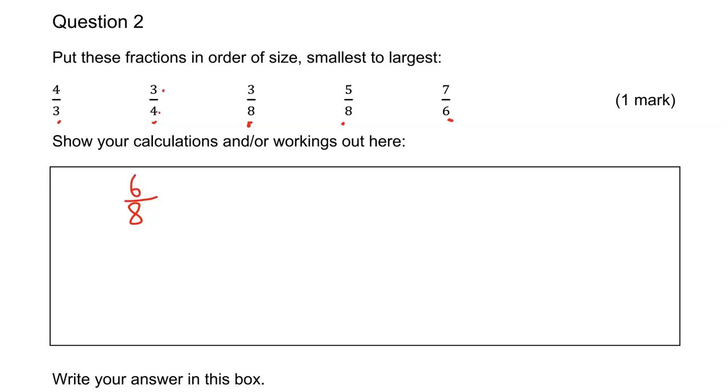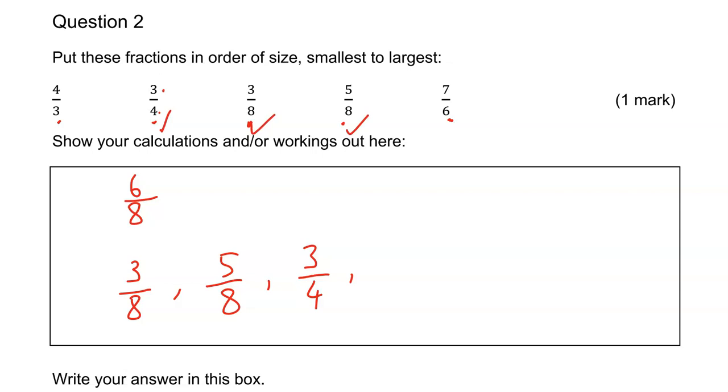So this is 6/8. So that is larger than 5/8. So if we put them in order, 3/8 would come first, and then 5/8, and then we've got 6/8, which is 3/4, the way it's given to us. So we've done these 3.